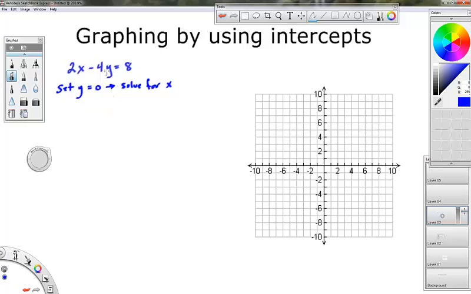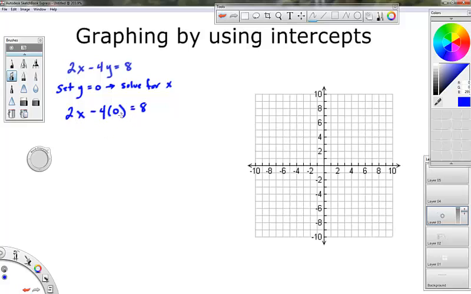Okay? So we're going to set y equal to 0, 2x minus 4 times 0 equals 8.